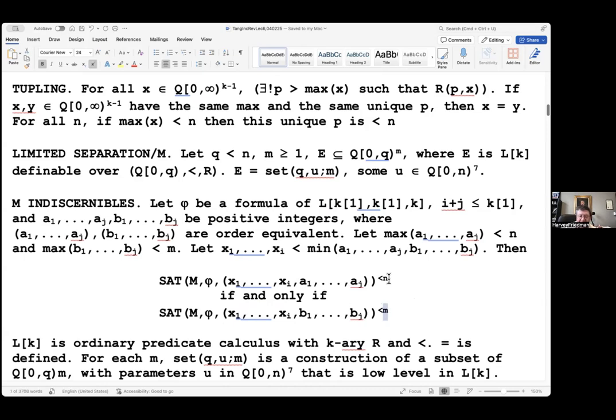What does less than n mean? It just means that all the universal and existential quantifiers are quantifying over all the numbers less than n. And here they're quantifying over the numbers less than m. You see, so these indiscernibles are less than n, and these indiscernibles are less than m. Then you can move these to these. You see that? So that's the natural indiscernibility you want to do, with bounded quantifiers.